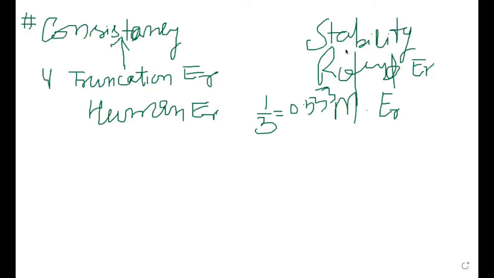Am I right? And when we talk about the convergence of a method for the differential equation, consistency plus stability gives rise to convergence. So this thing is clear. Any doubt in these two concepts? No, sir, it's clear.